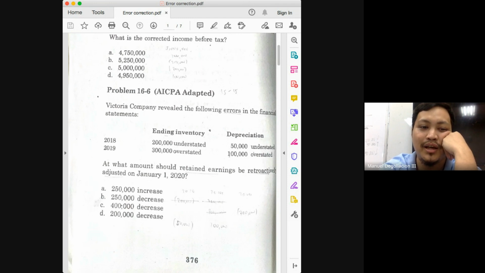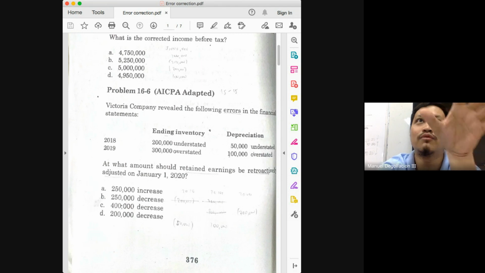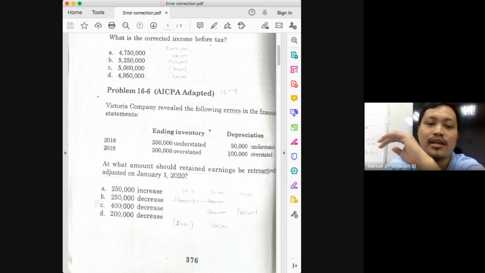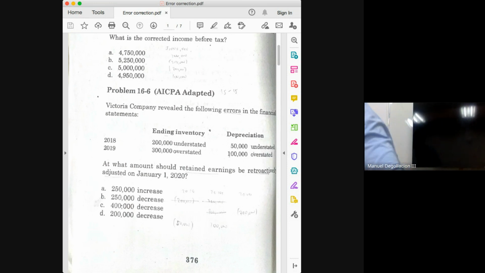And if cost of goods sold is understated, class, what does that mean? Your net income would be overstated. By how much? 300.